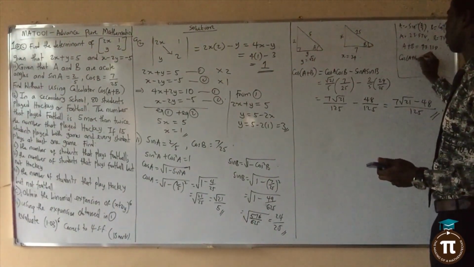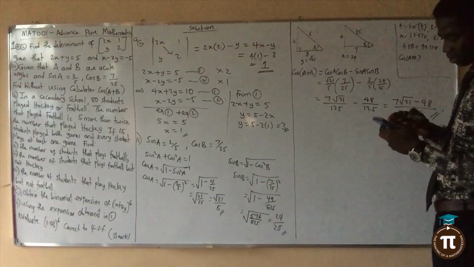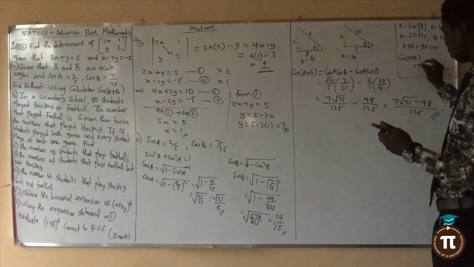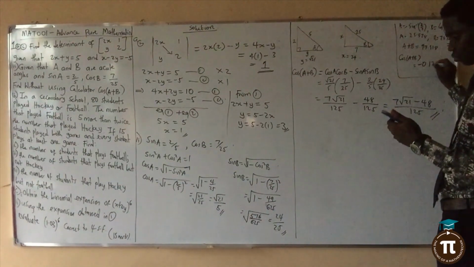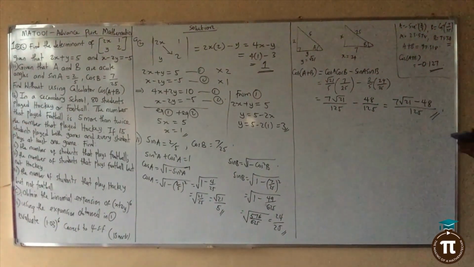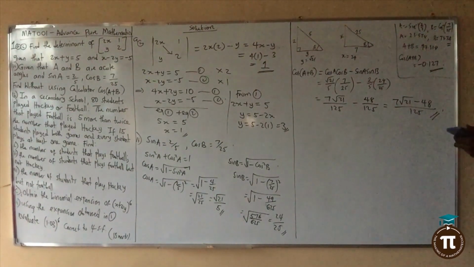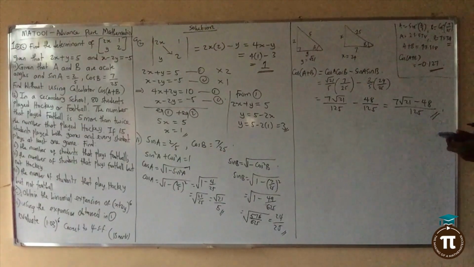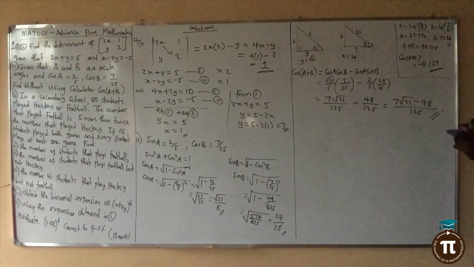That is cos 97 point this. Cos of that answer gives me minus 0.127. So I will also calculate this on the calculator. I will do 7 root 21 minus 48, divided by 125.